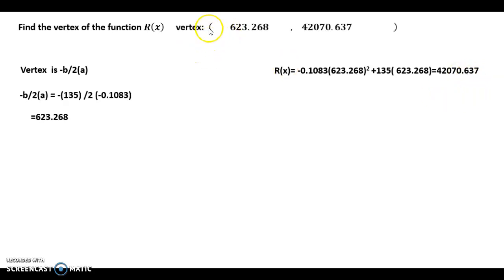And so this is how my point would look, the vertex being on the x and the function being on the y. Okay, and then the vertex represents the maximum point of the graph because the graph will be facing down.